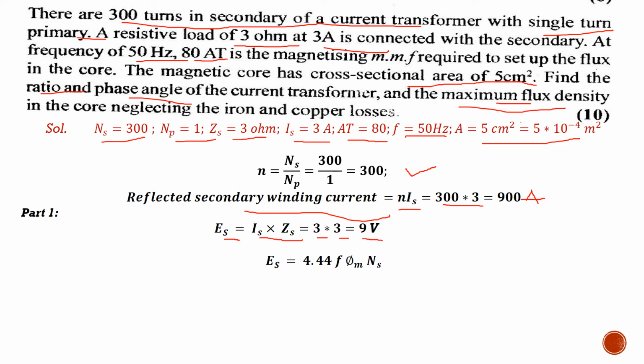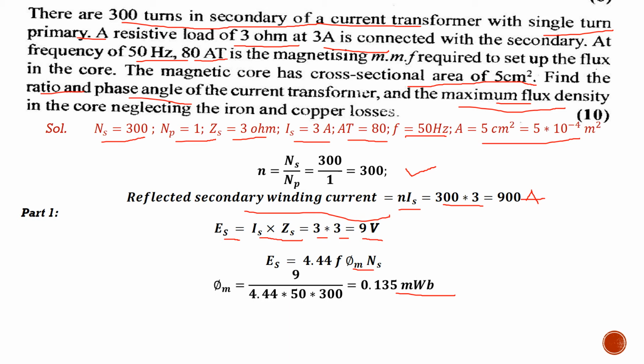Substituting the values of all in the induced EMF equation of transformer, we can easily calculate the maximum flux. ES is 9, frequency is given as 50 Hz, and number of turns in secondary is given as 300. Substituting the values, the maximum flux comes out to be 0.135 milliweber.